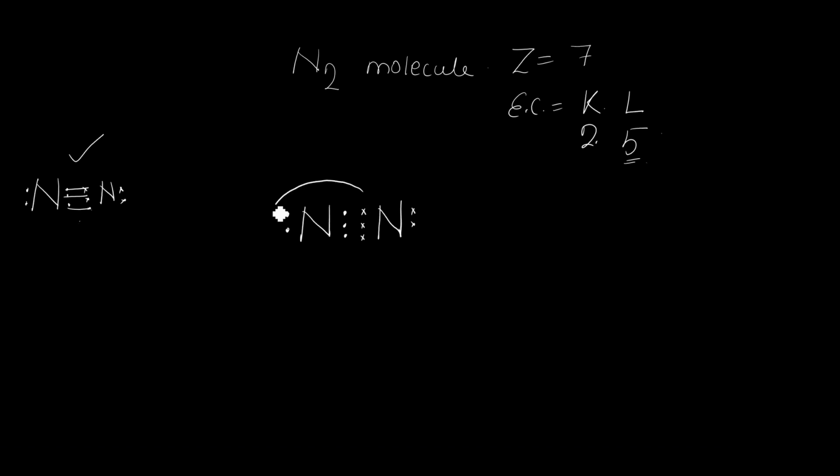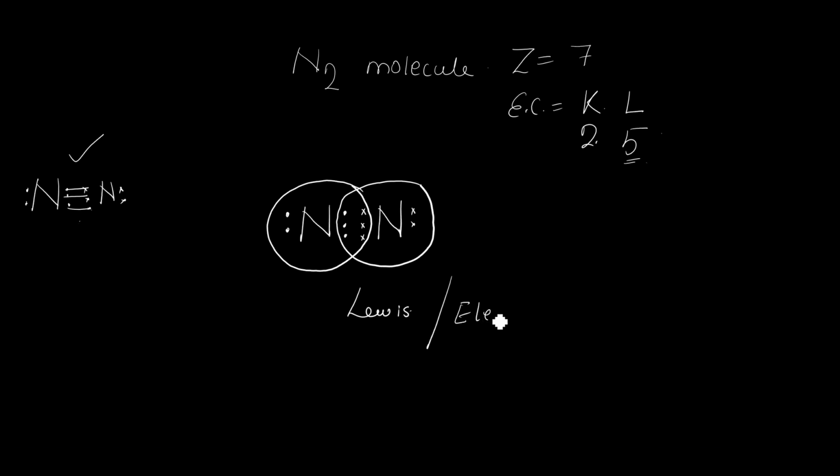So now encircle all the electrons here, and here also encircle all the electrons. So this is the Lewis or electron dot structure of nitrogen molecule N2.